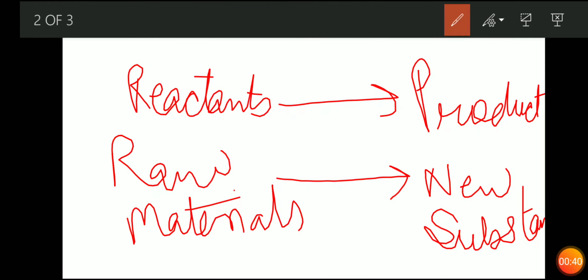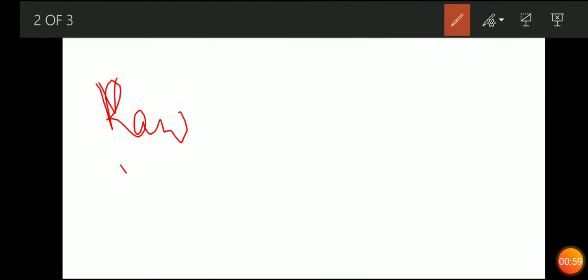For better understanding, just see. Your mother cooks vegetables. But what is that? It is a chemical reaction. How and why? Suppose you are bringing raw vegetables.